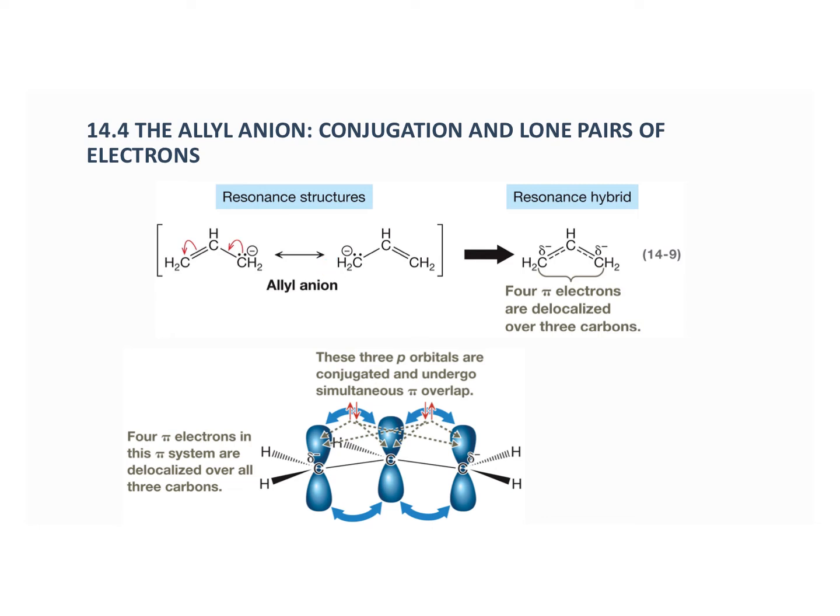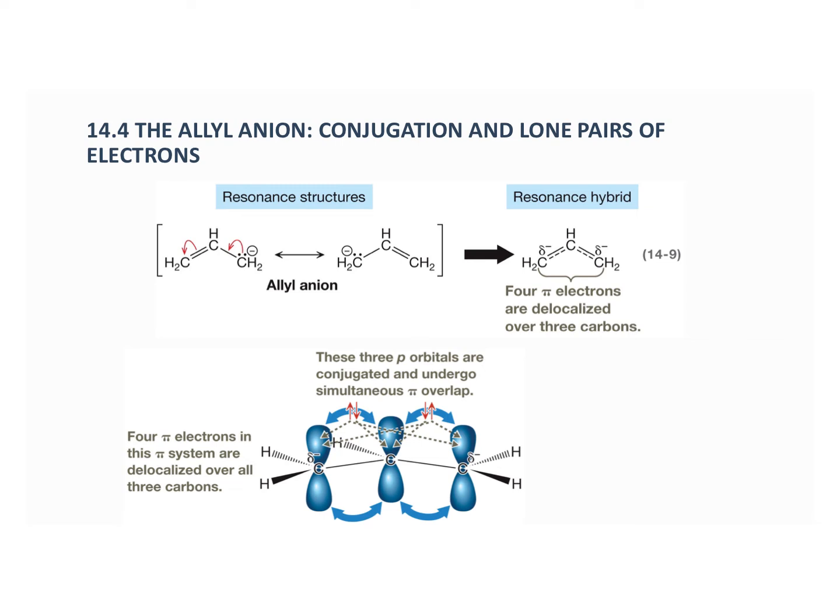In each resonance structure, the negatively charged carbon has 4 electron groups, 3 single bonds and a lone pair, and that suggests a tetrahedral electron geometry and sp3 hybridization. Notice the resonance hybrid shows that all 3 carbons are involved in the electron delocalization.